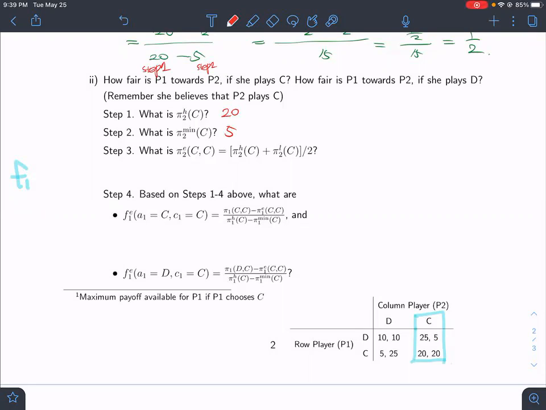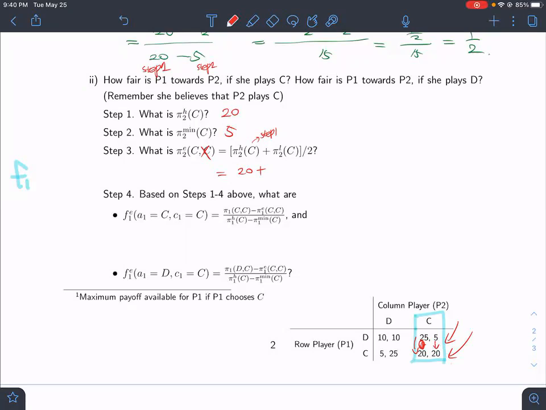And what is pi 2 e? There's a typo here, but one argument is fine. Pi 2h, coming from step 1, is 20. Then we need to see if all of these are Pareto efficient. They are all Pareto efficient, because if I increase 5 to 20, then 25 should be decreased to 20.